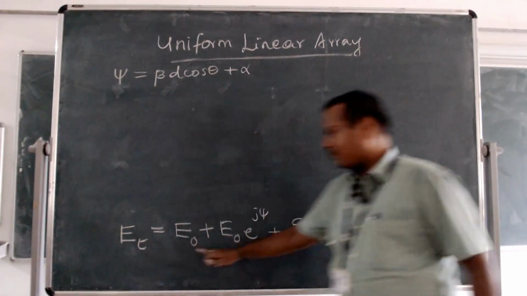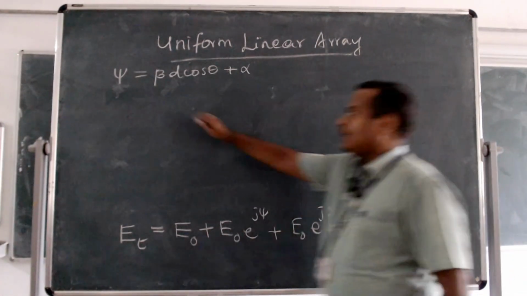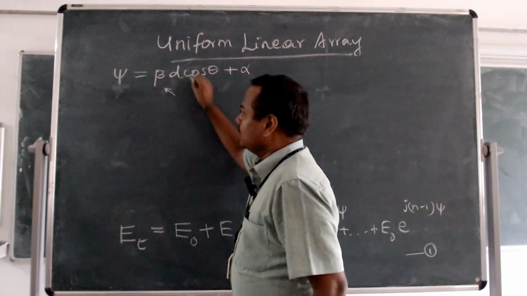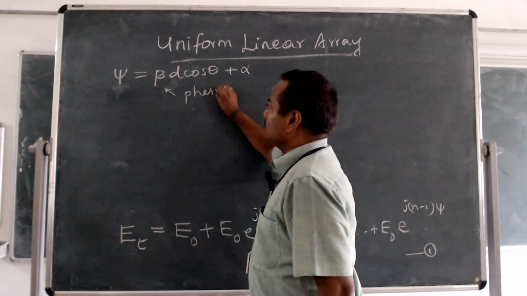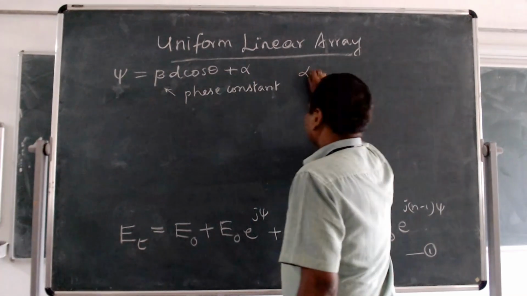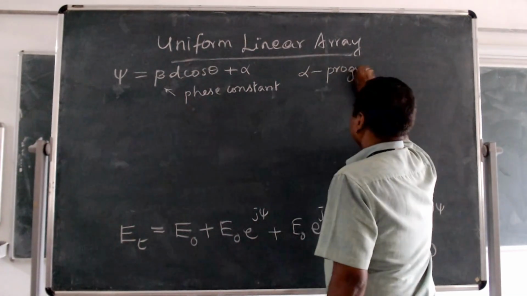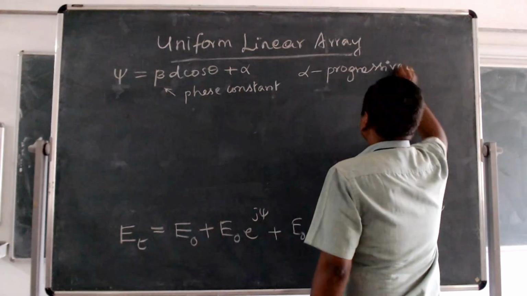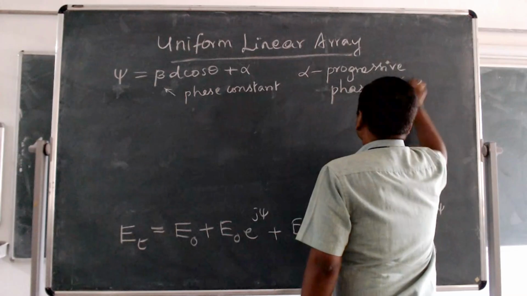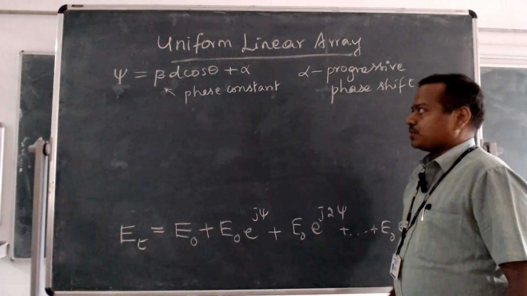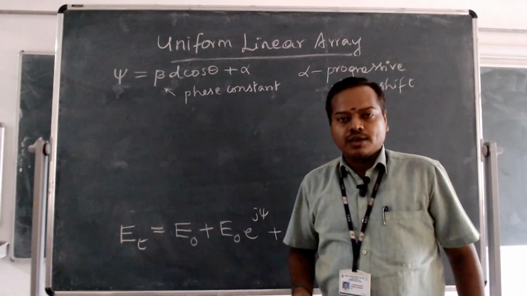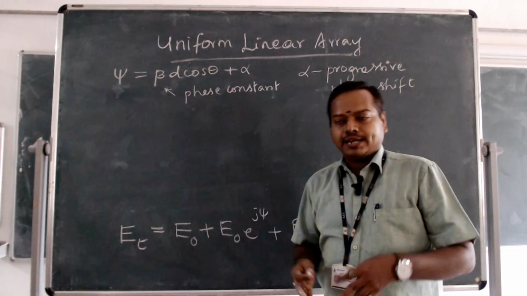Psi is the phase shift between the successive elements, and psi is denoted by beta d cos theta plus alpha, where beta is the phase constant and alpha is the progressive phase shift. We have different categories of uniform linear array depending upon the radiation characteristics.